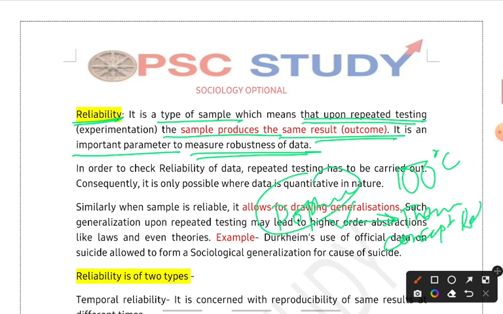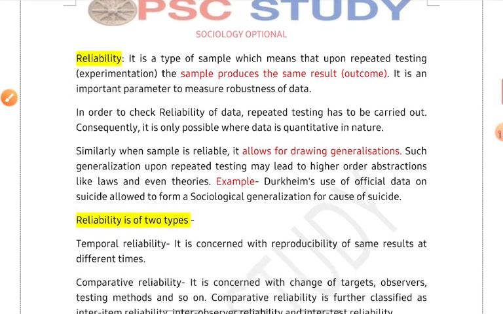Every time you study religion in Bhubaneswar, the population will always say one thing: yeah, Jagannath or the god is great, and he should be worshipped. People should go to the temple. Every time the researcher goes, he gets the same answer again and again. So that is what is reliable. So hence the data in regard to religion, that it is an important aspect in a person's life, is reliable. So this is what reliability is.